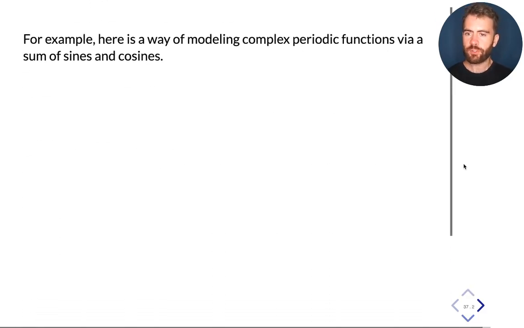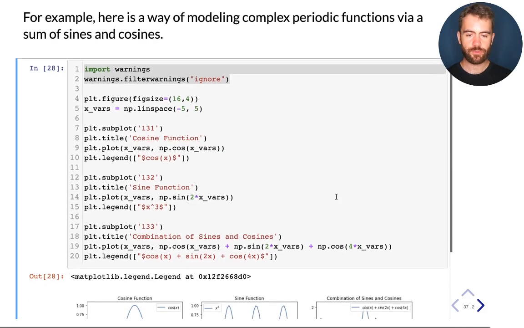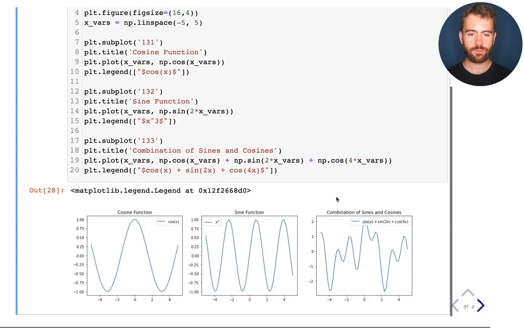Here, let me just give you another example of what nonlinear function we might use. Here, I'm going to give you a few examples of sine and cosine functions. So here I have a regular sine function. Here, this is a cosine function. And here, I just use a simple combination of sines and cosines. This is the formula I'm using: cosine of x plus sine of 2x plus cosine of 4x.